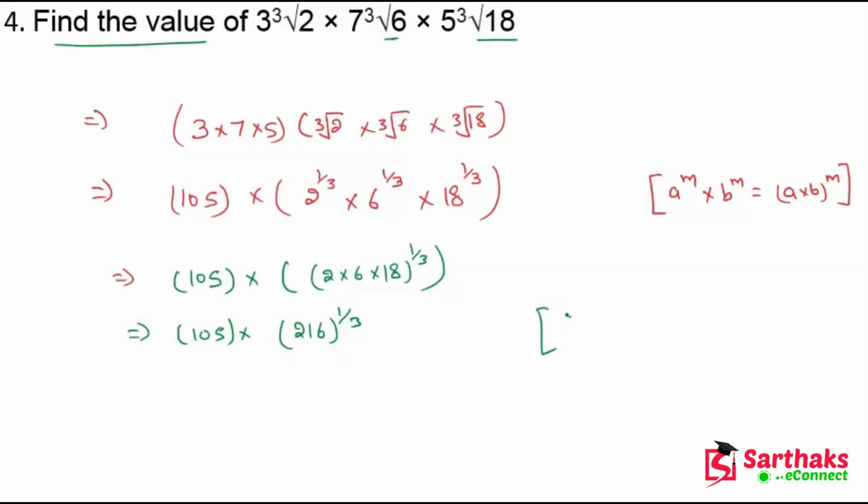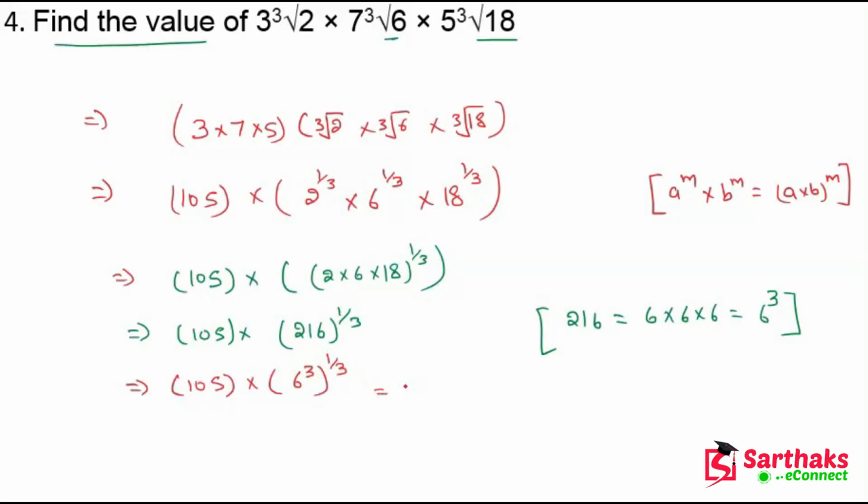And we know that 216 we can write as 6 into 6 into 6. It means 6 raised to power 3. So this will become 105 into 6 raised to power 3 whole raised to power 1 upon 3. Now we have to multiply the powers.